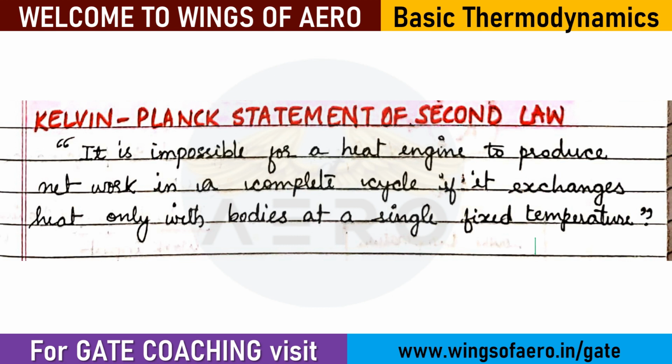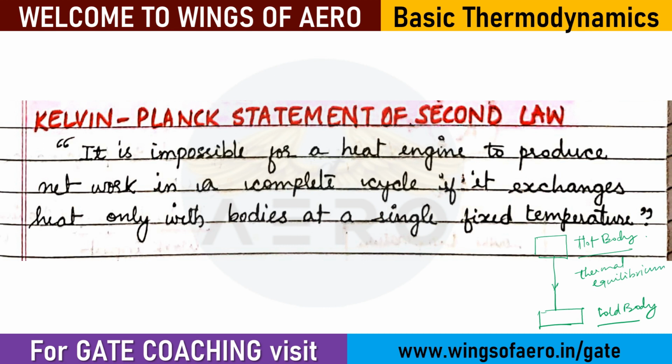What we have here is a hot body and here a cold body. Now obviously if they are in thermal contact, heat will transfer from hot body to cold body. It's a normal fact, until it comes to thermal equilibrium.